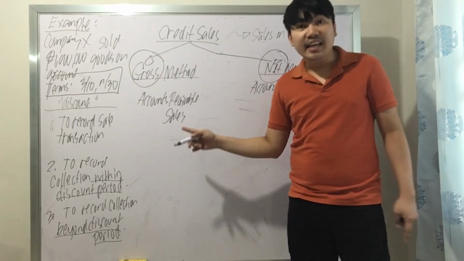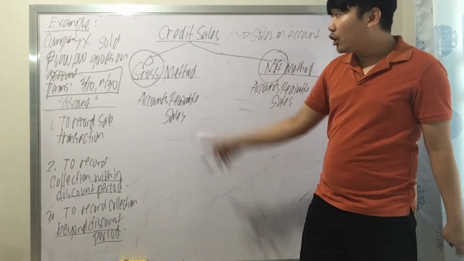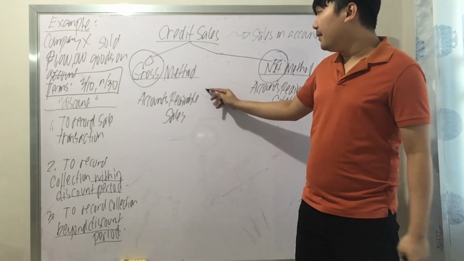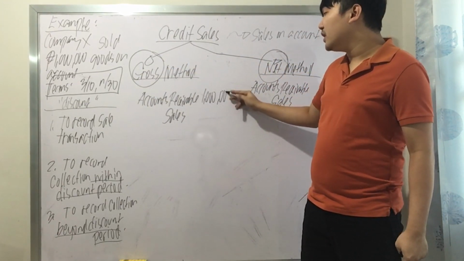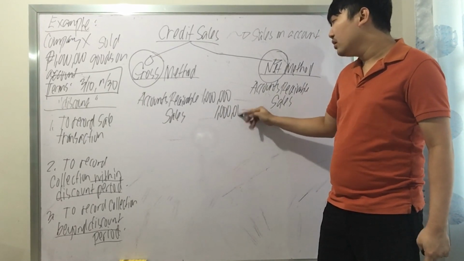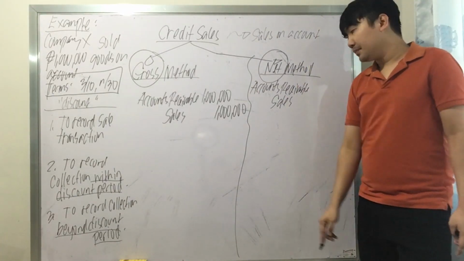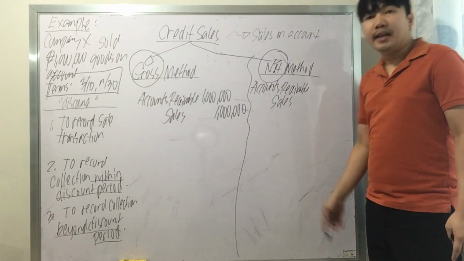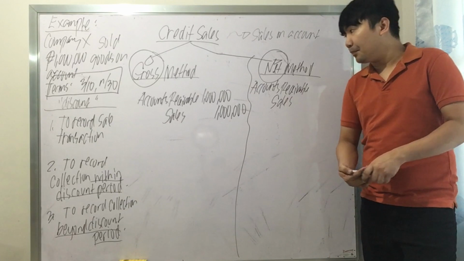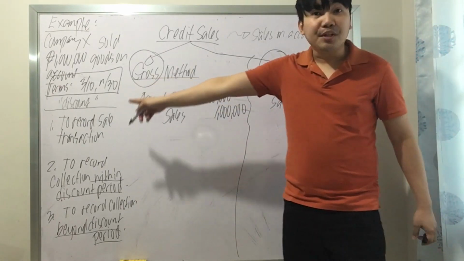Kasi initially, hindi sila pareho ng nire-recognize na accounts receivable. Sa gross method, i-recognize niya without regard to the discount, 1 million. So, hindi niya muna nilook forward yung discount. At gross muna. Okay? Sa net method, class, medyo advanced mag-isip to. So, yung kanya class, net of 3% discount.